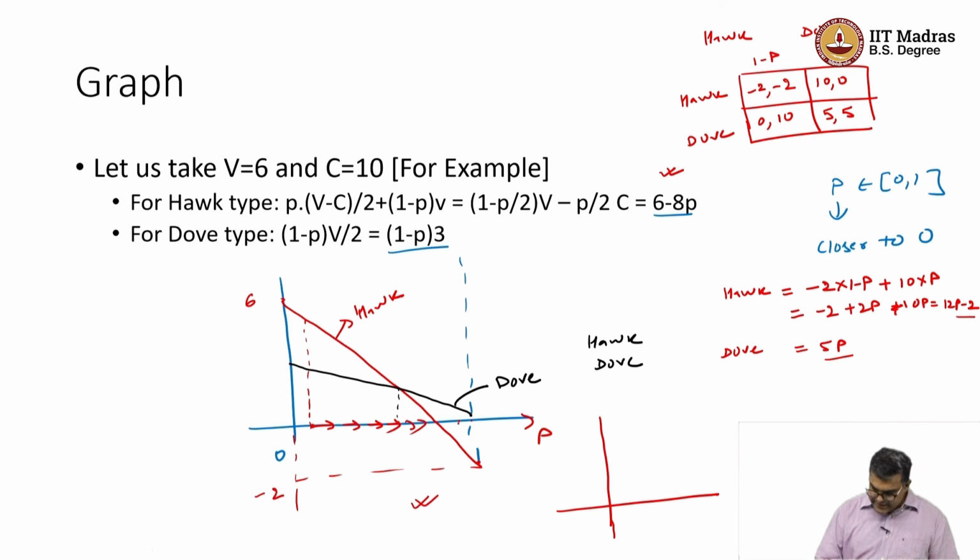If the population is fully made of hawk and you are introducing dove, then dove will keep on increasing, and this is where you will have stability. You will get neither fully dominated by hawk nor by dove, you will have a mixed population, and therefore, in society we find both kinds of people, some of them are aggressive, some of them are gentle.